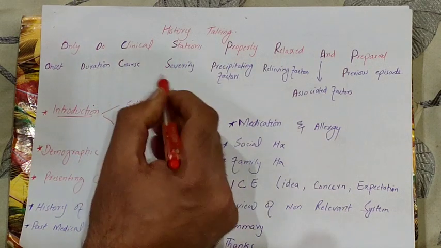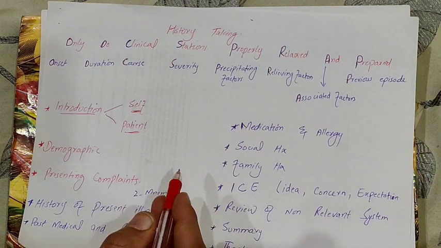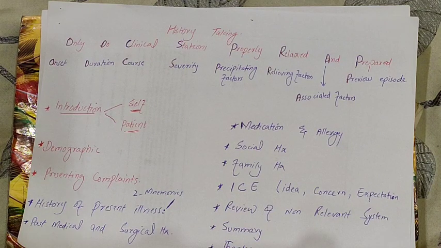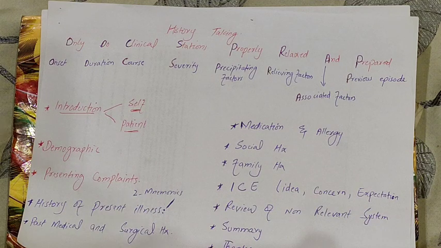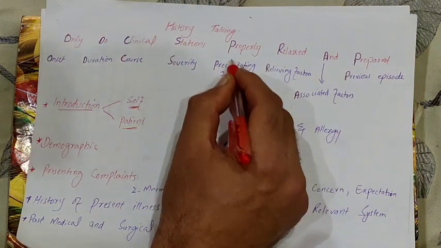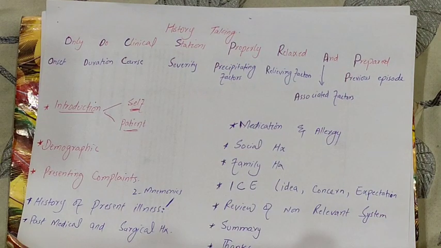Coming towards severity, stations, S for severity: is the swelling present all the time, or does it go and come again? How many lumps have you noticed? You can ask about severity like this as well. Now coming towards properly, P for precipitating factor. It's really easy.